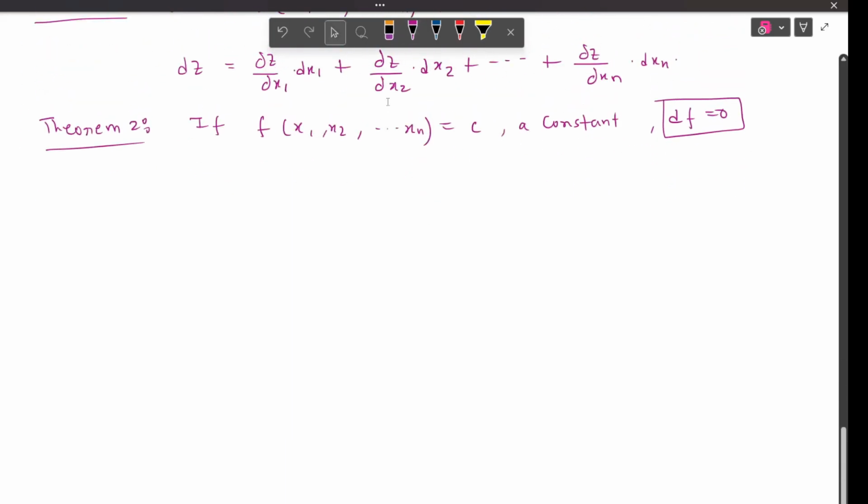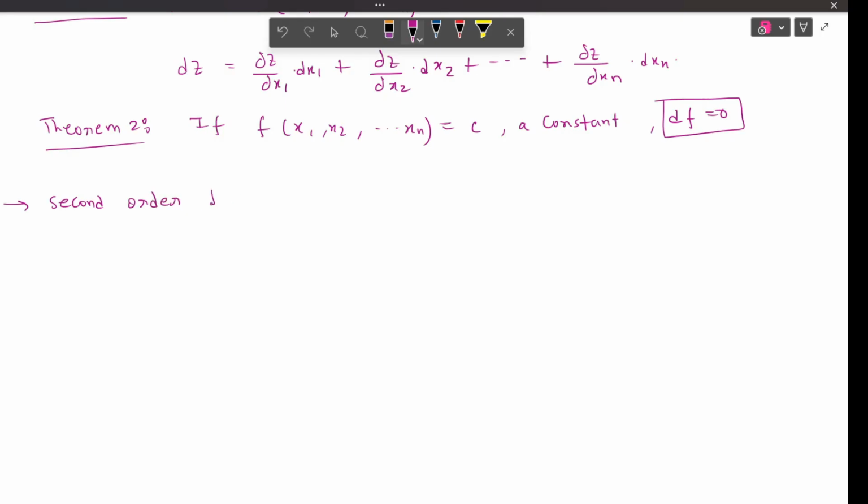Let us see total differential for second order differential. So let z be a function f of x, y, a function of two independent variables x and y.